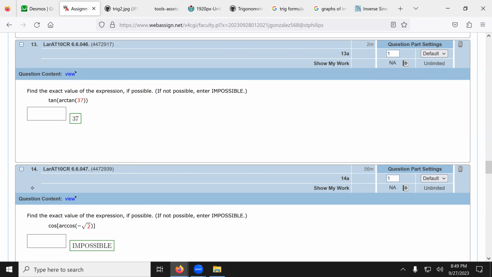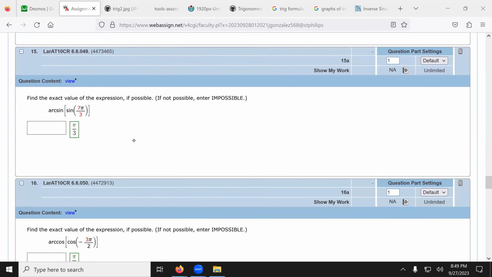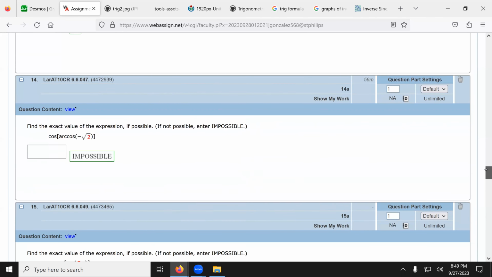So since I can't actually plug it in, then it can't cancel, right? I can't cancel something that was never allowed in the first place to be in here. Does that make sense? Just can't. Any questions on 13 or 14?